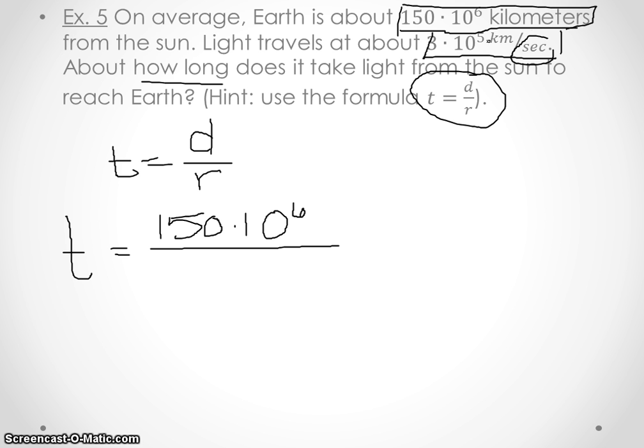So the kilometers are just going to cancel out. Downstairs then, it says light travels about 3 times 10 to the 5th kilometers per second. So that's its rate. It's traveling at that speed. So we have 3 times 10 to the 5th power, and then kilometers per second.